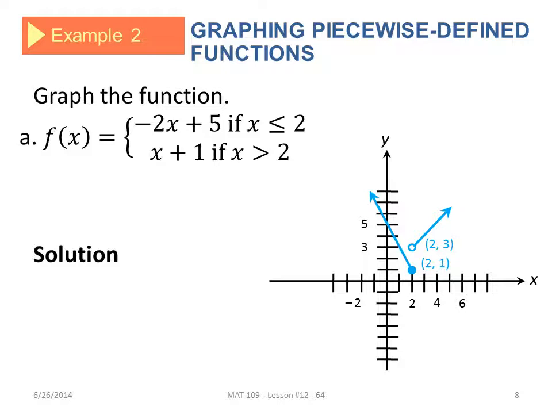The endpoint is here, but it's not part of the line. If it were part of this line, then I would not have a function because I would have two different values when x equals 2. So I cannot allow both of these to contain that point. In this case, it's defined such that this line contains the point, this line does not contain the point.